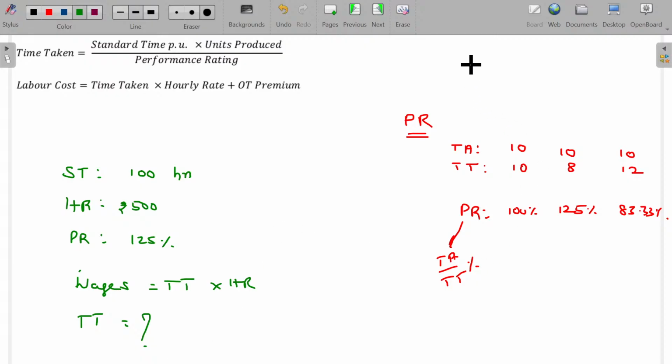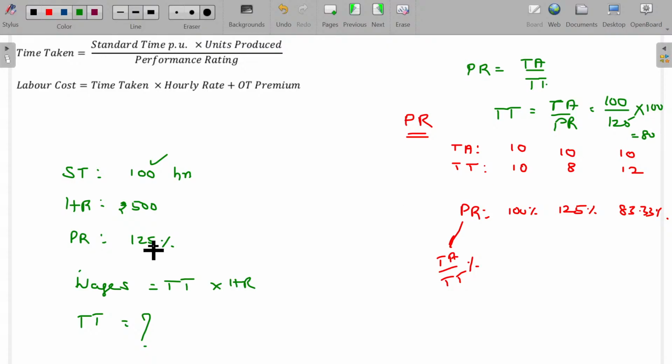So the formula is here: performance rating is equal to time allowed by time taken. To find out the time taken, it is equal to time allowed by performance rating. So time allowed in this case being 100 hours divided by performance rating being 125%, that is 80 hours.